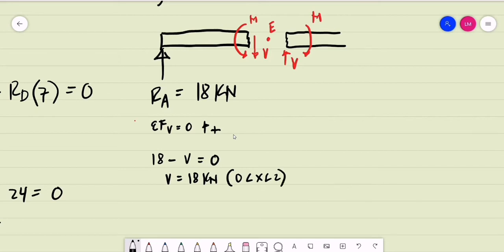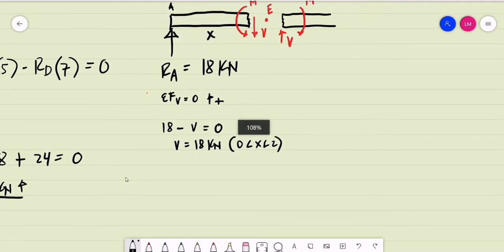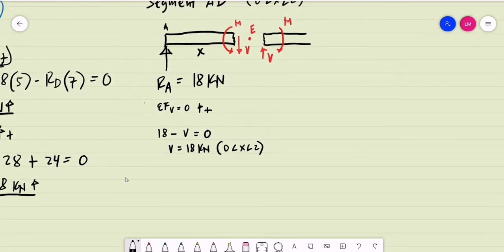Now, if we assume that this cut section, point E, is at a distance x from point A, for the moment equation we do a summation of moments at point E, the cut section, equal to 0, assuming clockwise moments to be positive.